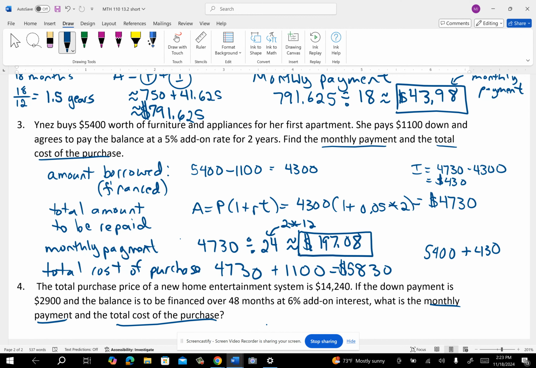Notice that would also turn out to be $5,830. So you could either take the original cost and add the interest, or take the total amount to be repaid and add in the down payment that she already paid. So $5,830 would be the second part, the total cost of the purchase. Okay, so let's do one more like that.